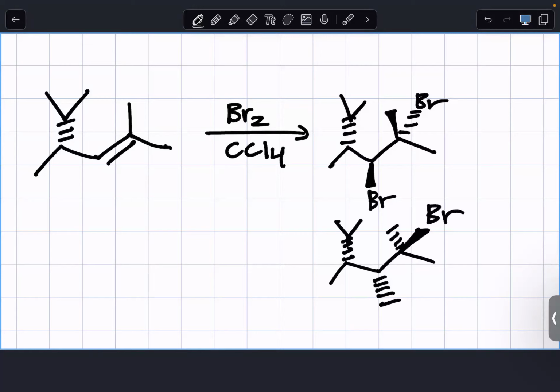The only thing that reacts is that double bond right there. And that's relative stereochemistry. Where like this could be like, I don't know what it is yet, but like R or S, the other one is gonna be like S and R, relative to whatever the stereochemistry is here, right?